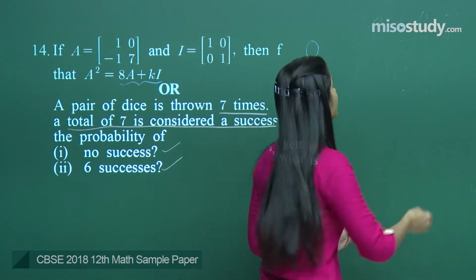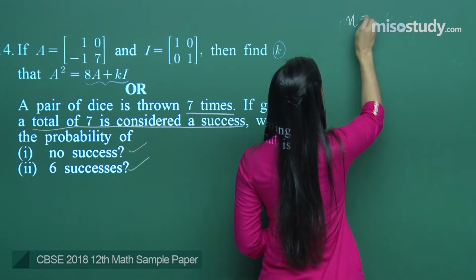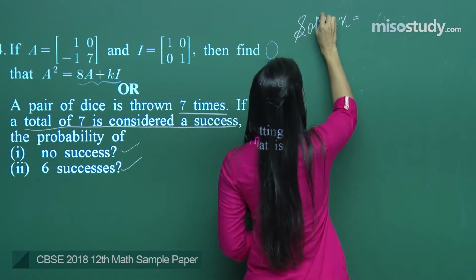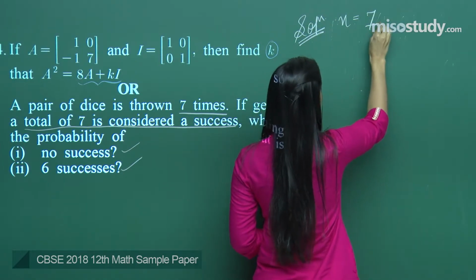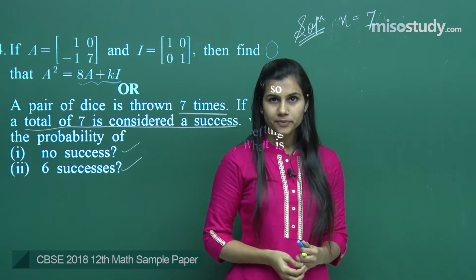So my experiment is happening 7 times. So my n, the number of times the experiment or trial is taking place, is 7.